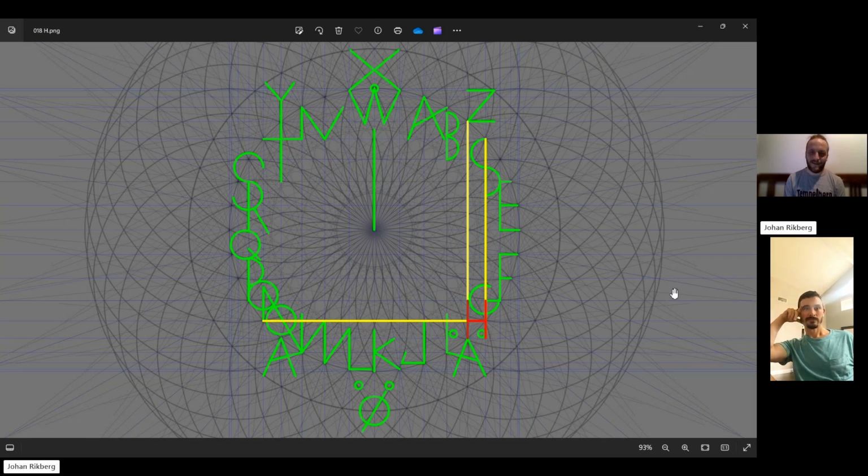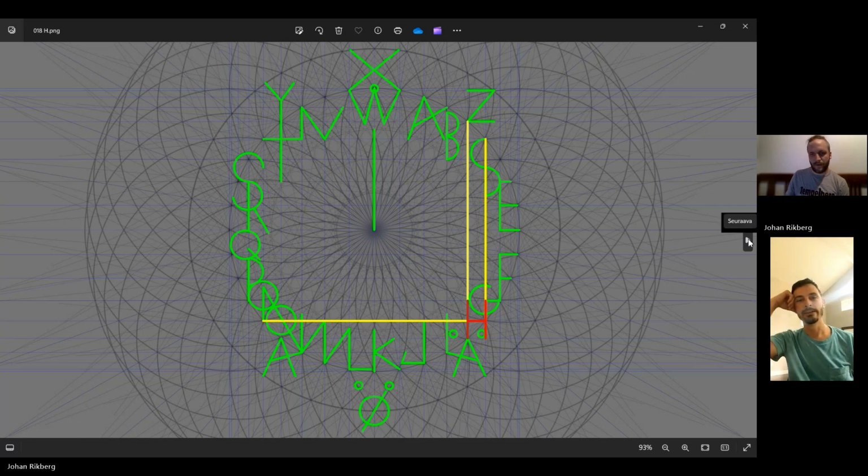But that's something that is now new that we still need to look for the confirmation of. Yeah, it's tricky, these outside letters. Okay.